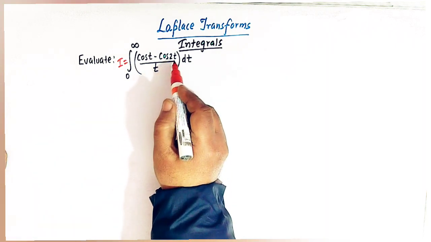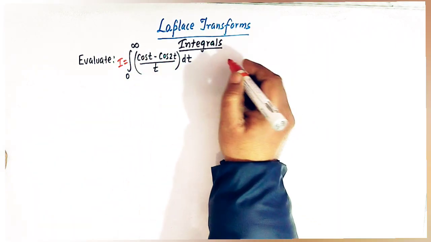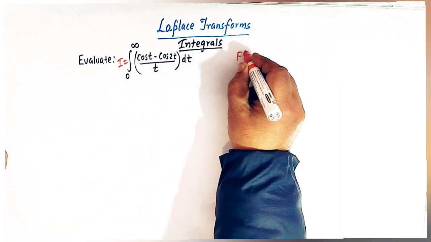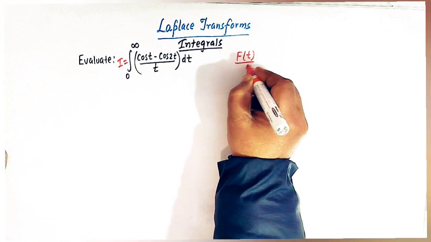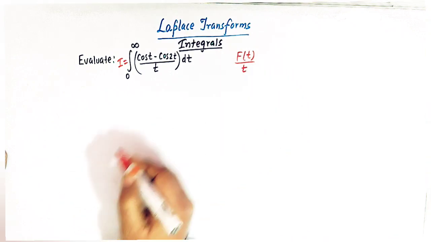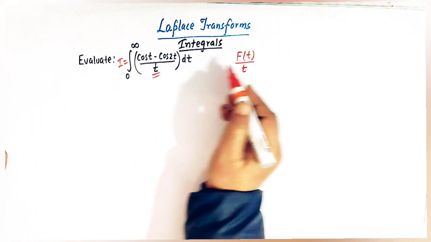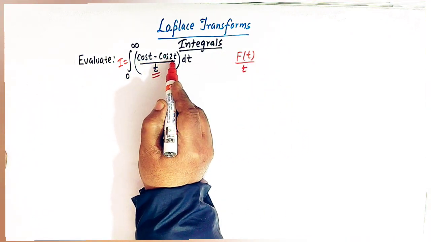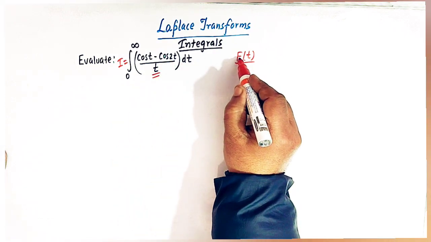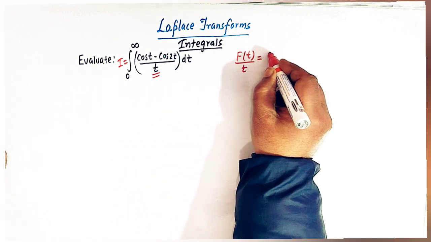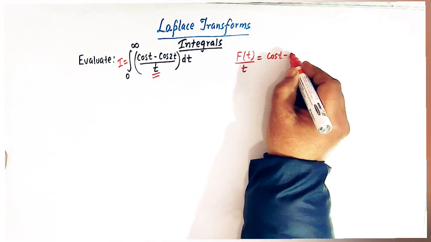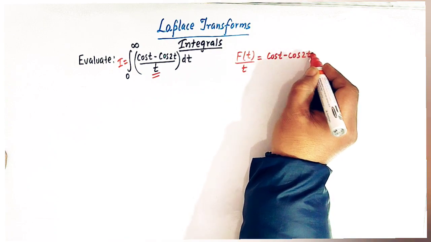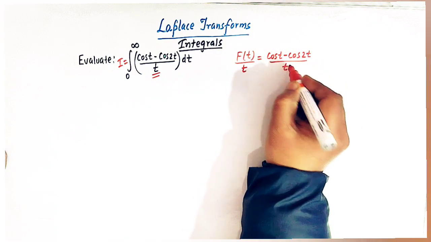Now, see, this integrand is of this form, that is f of t divided by t, right? So here we have t, and the function cos of t minus cos of 2t can be taken as f of t, right? So we have (cos t minus cos of 2t) divided by t, right?